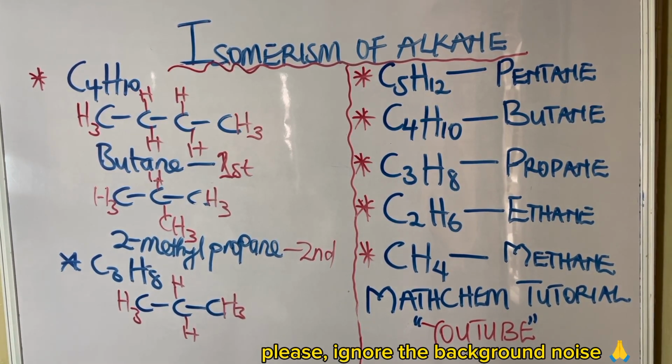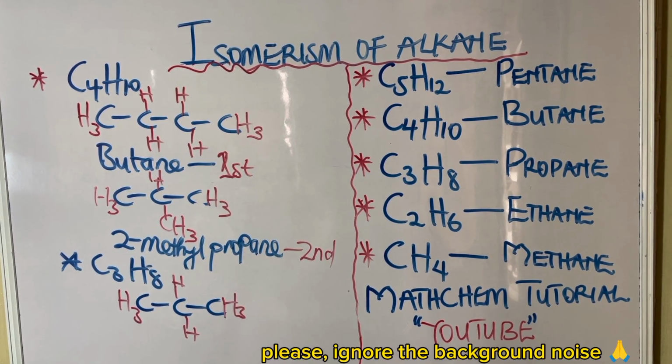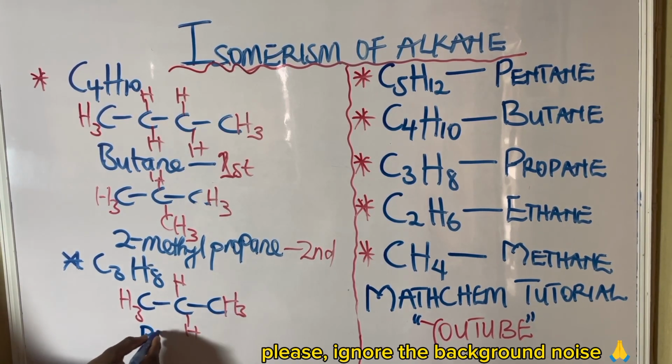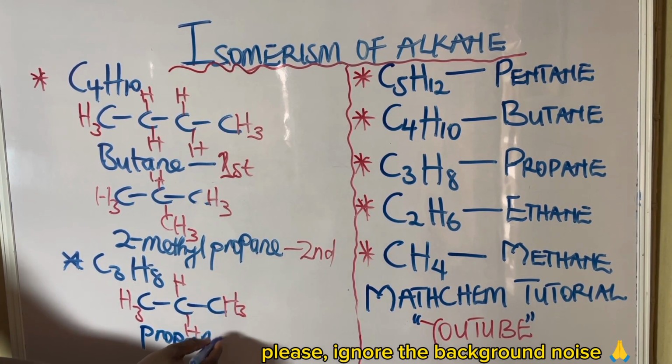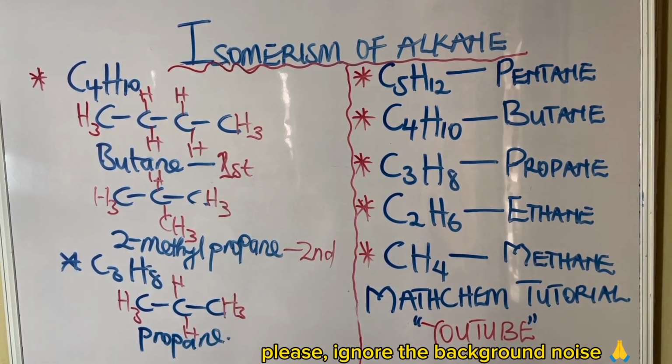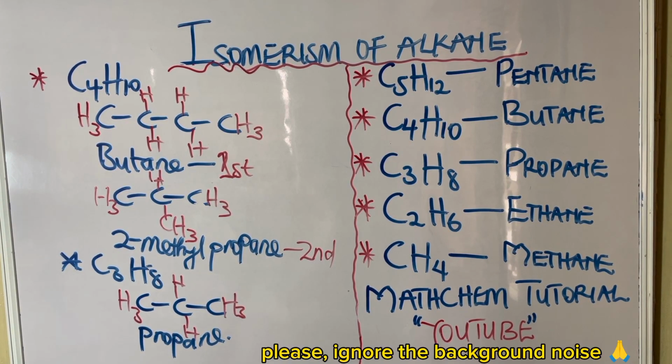So this is propane. Like I told you earlier, don't reduce the number of carbon atoms to 2. Stop it at 3, and this is exactly 3. So propane only has 1 isomer.